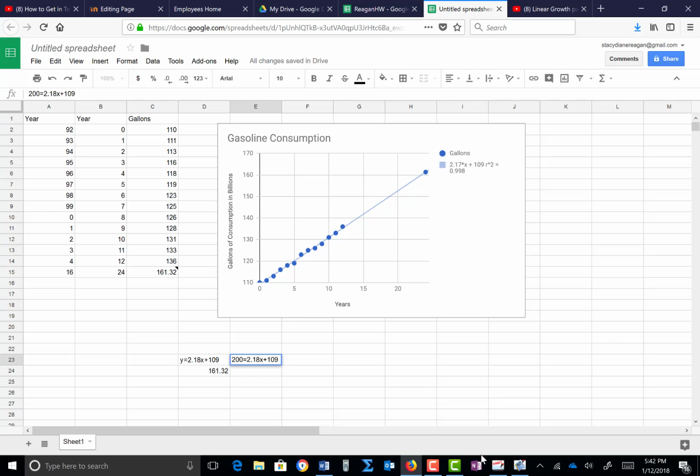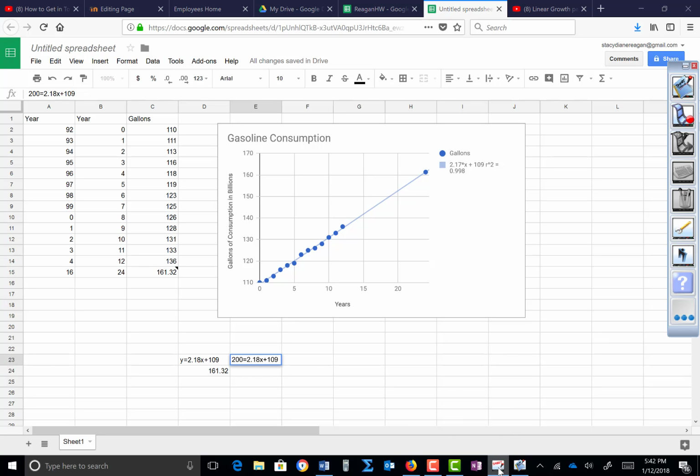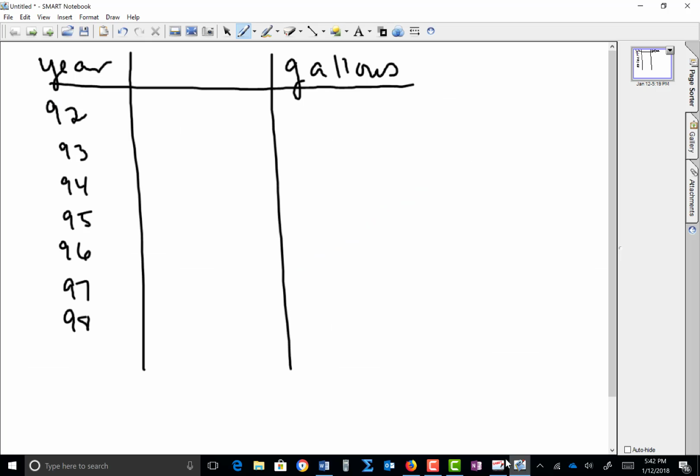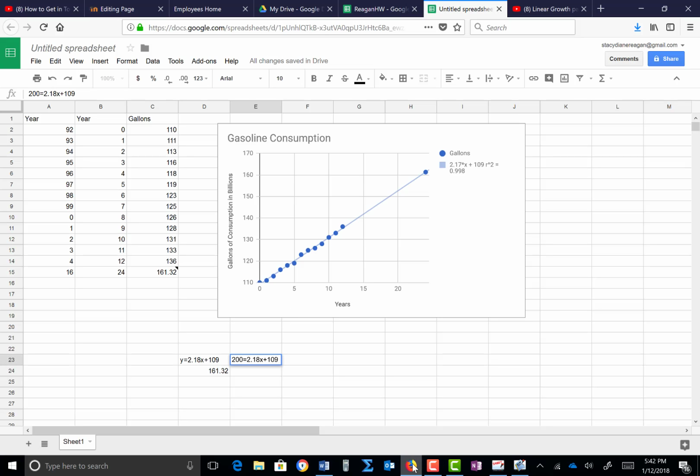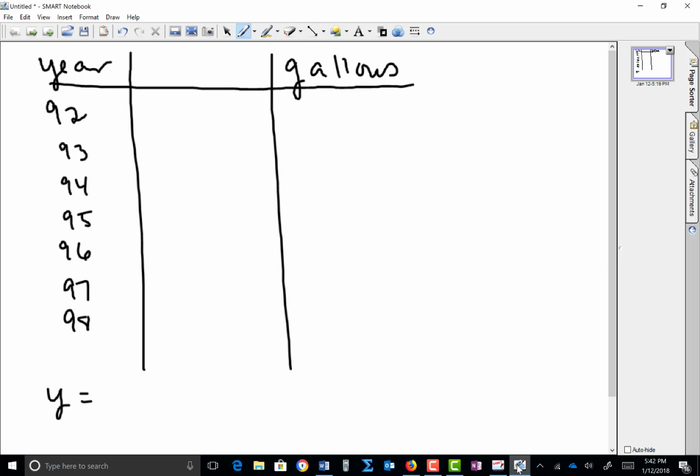So I'm going to go over here to my piece of paper. We'll go down here for a minute. Y equals, what was my equation again? Let's go back to it so I can see it. Y equals 2.18x plus 109.